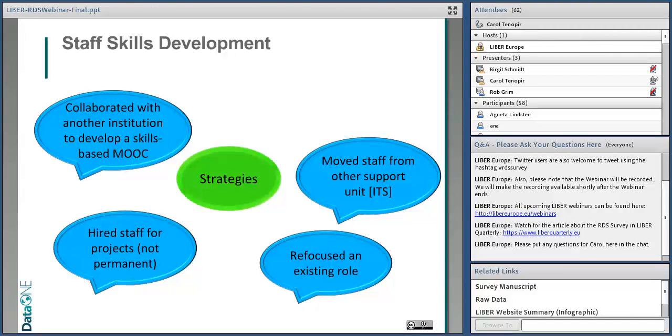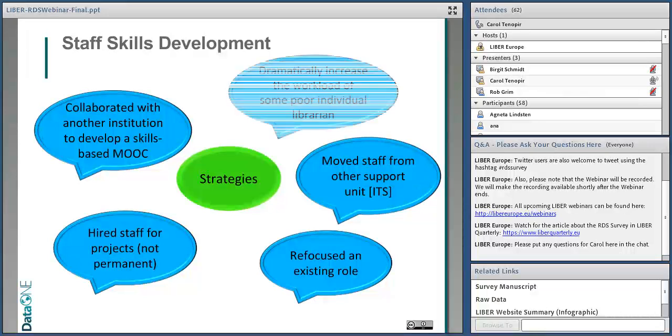One example was an engineering librarian whose academics were asking about research data services, were getting funding from agencies that required the deposit of research data, and wanted to know about it. So he was motivated by his clients, by the academics he was working with, to learn more about it, and refocused his role from collection development into research data services development.